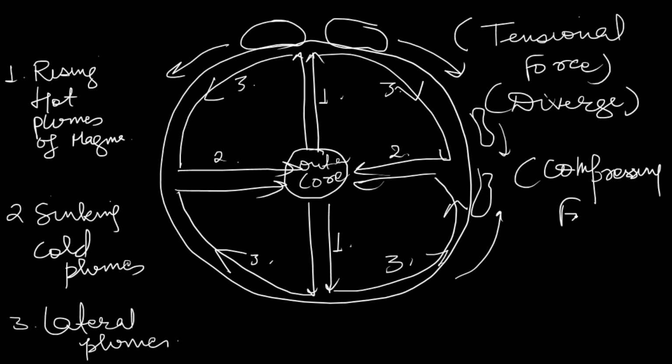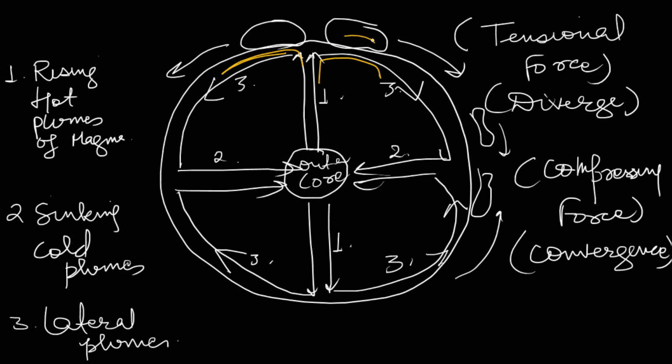So here you are able to observe the convergence. Here we observe divergence because it is moving apart, and here it is compressing, that is coming together towards each other, so we find convergence.